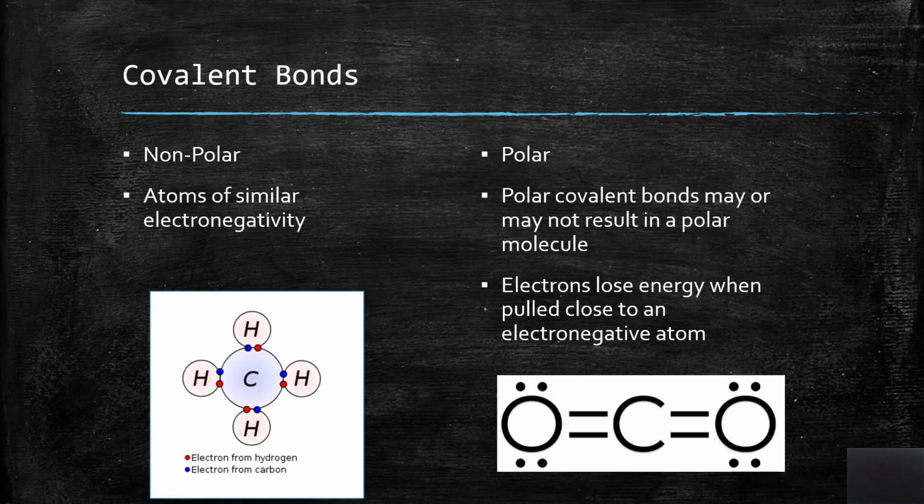For example, hydrogen and oxygen have different electronegativities, and when they stick together, the oxygen becomes a little bit negative and the hydrogen becomes a little bit positive. Okay, that makes a polar covalent bond. That makes water molecules polar. They have a positive side and a negative side.